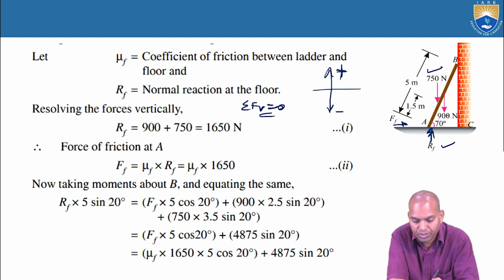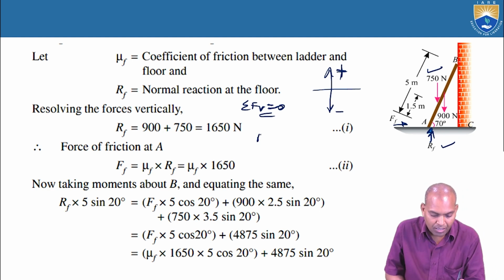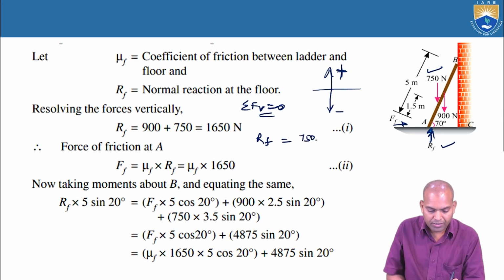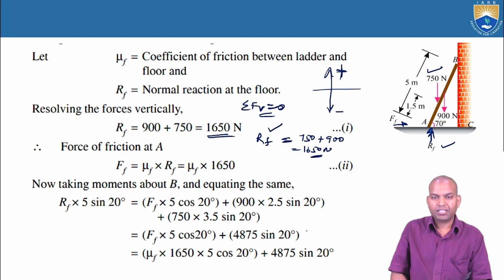The 750 and 900 newtons act downwards. So RF equals 750 plus 900, that is 1650 newtons. That is RF, the normal reaction, the force at the floor.